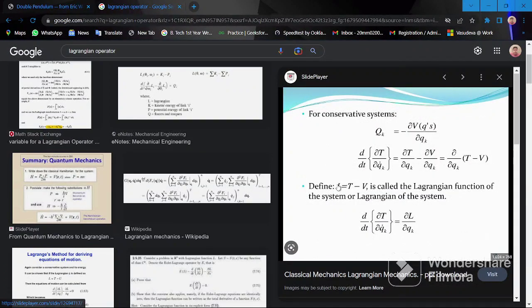So let us try to see that. Yes, here we first define the potential energy V and the kinetic energy T, and the Lagrangian is T minus V. Gradually, the partial derivative of the potential energy has no relation to the velocity.